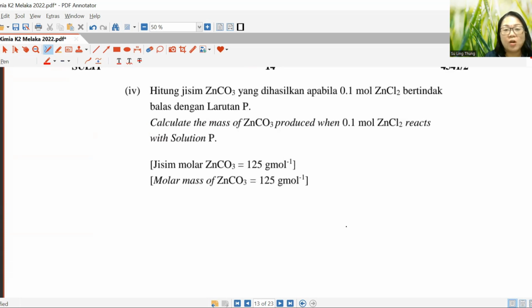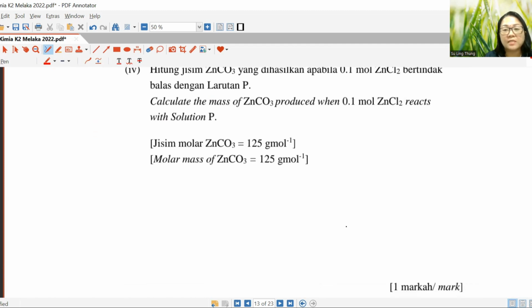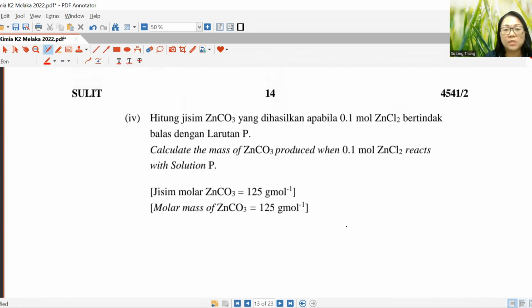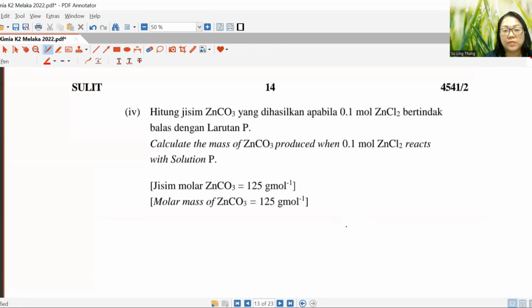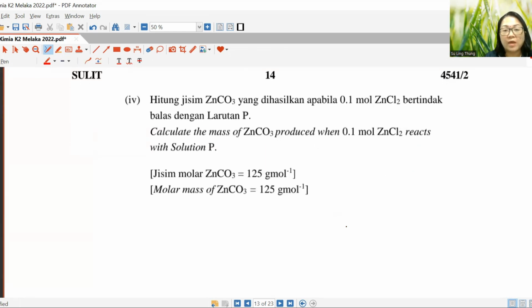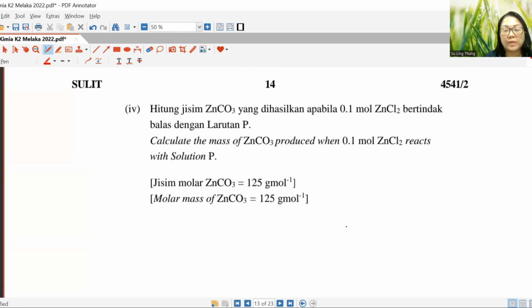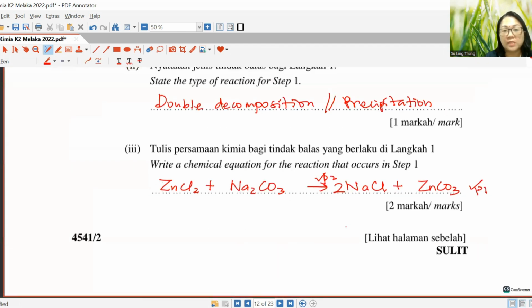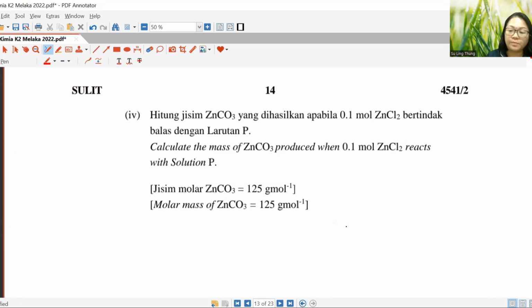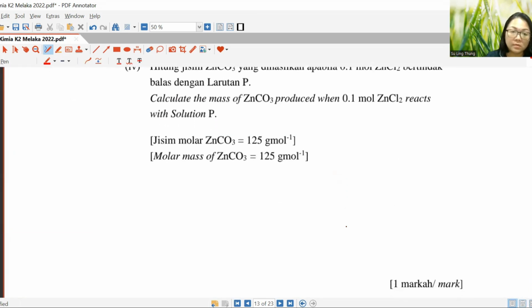Now, calculate the mass of zinc carbonate produced when 0.1 mole ZnCl2 reacts with solution P. Just now our P is Na2CO3, right? Let us rewrite this particular chemical equation. It doesn't hurt to write more, but make sure the things that you write are correct.